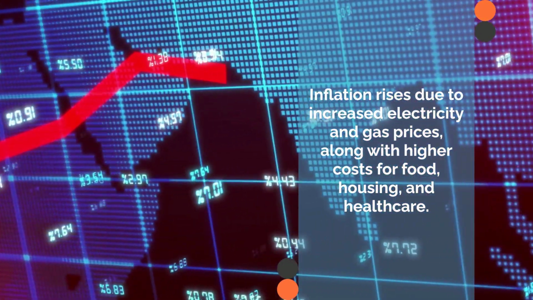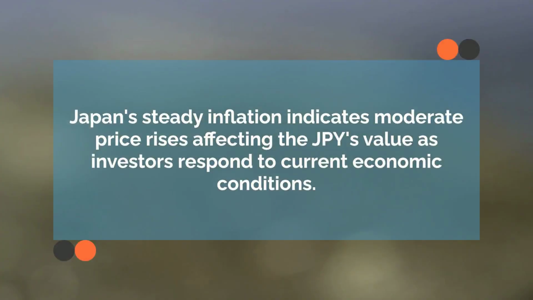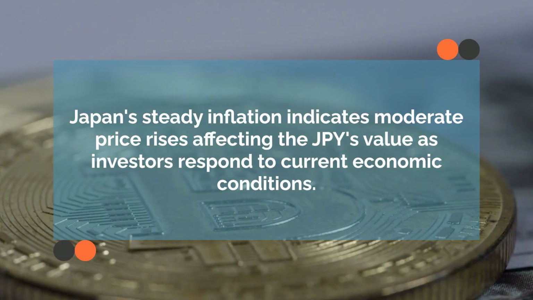Additionally, prices for food, housing, and healthcare have also seen increases. This steady inflation rate suggests that the Japanese economy is experiencing moderate price increases, which can influence the yen's value as investors react to these economic conditions.